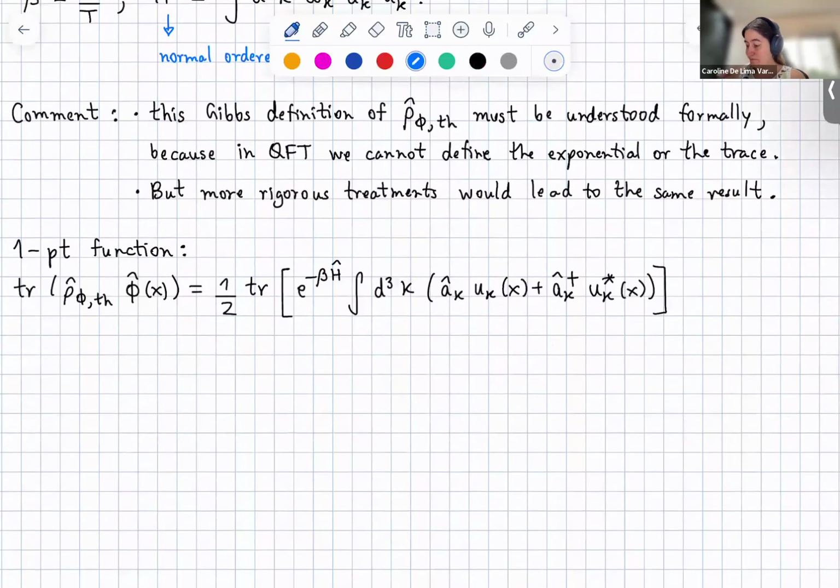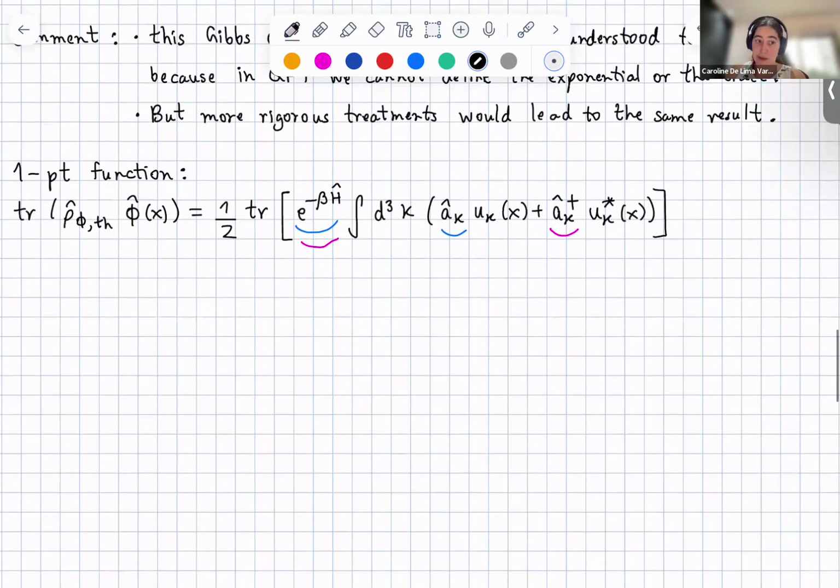If you notice here, I'll have terms that depend on e to the minus beta H times this annihilation operator, and some other terms that depend on the trace of e to the minus beta H times the creation operator. So I will try to find some auxiliary identity to help us find the result.